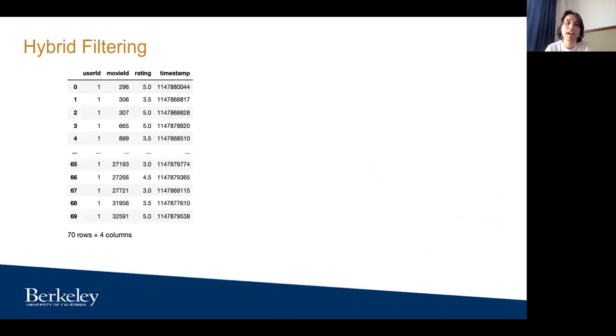Yeah, so here we have a specific user ID, user 1. The process would go like this: we would omit some of those ratings and then have our model try to calculate those ratings, to fill in those blanks. Then based on that, we would score using the root mean squared error.